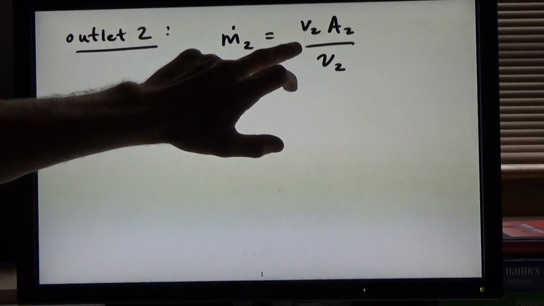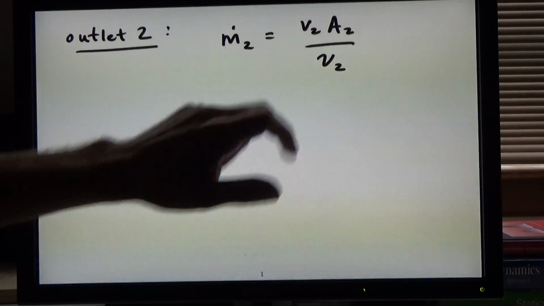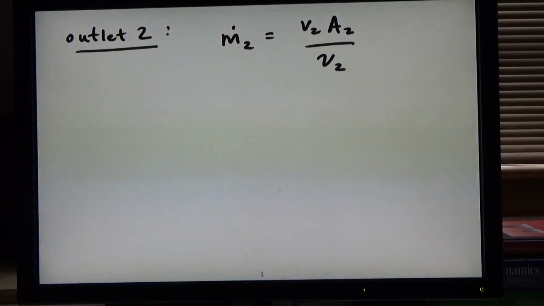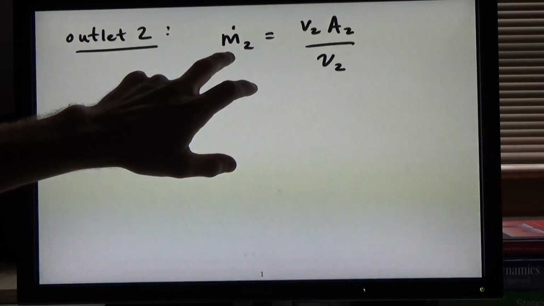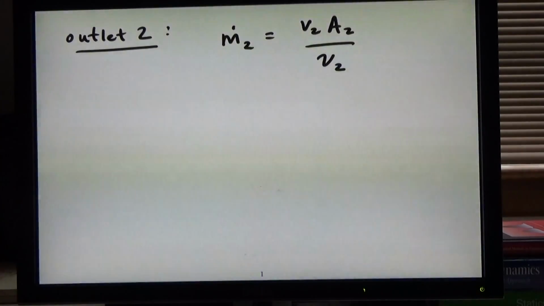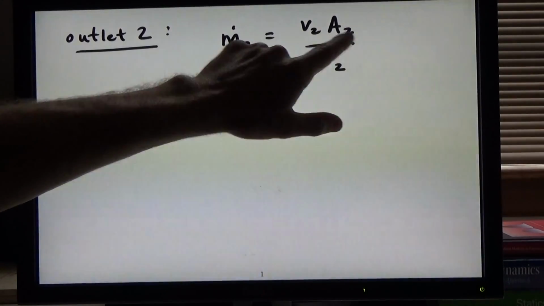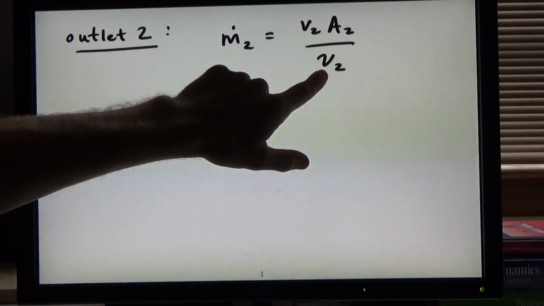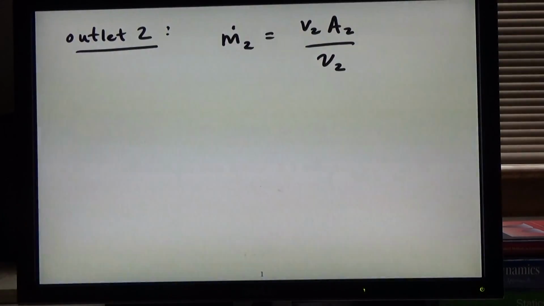We were not given information about the velocity, and we have no way to calculate velocity using properties analysis. So we're going to have to skip this part because we don't know mass flow rate and we don't know velocity at outlet number 2. We do know how to calculate the area of outlet 2 and specific volume, which we can get using properties, but since we don't have this or this, we need to continue and try to do something else.